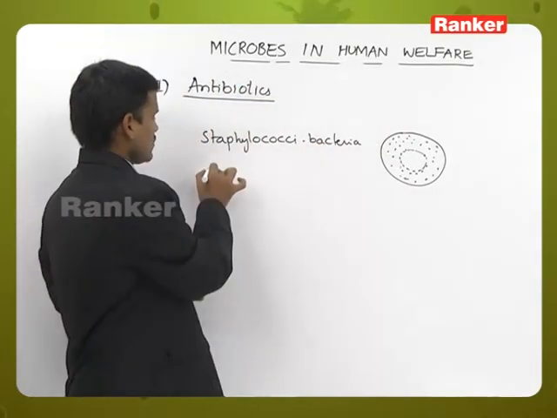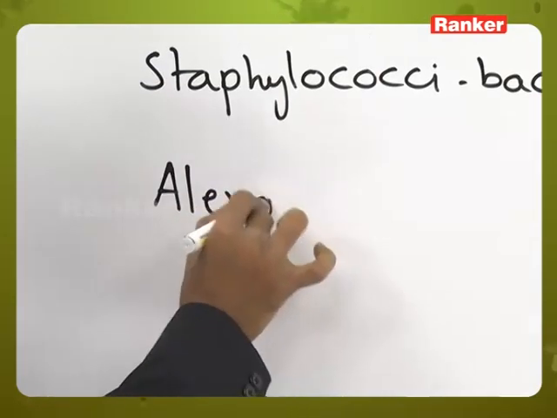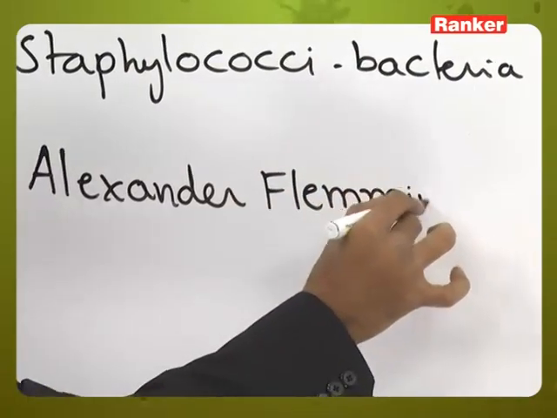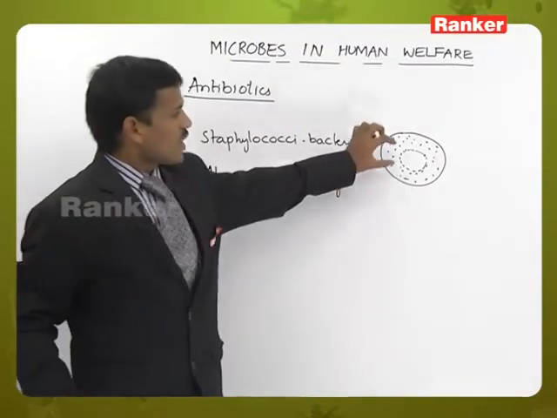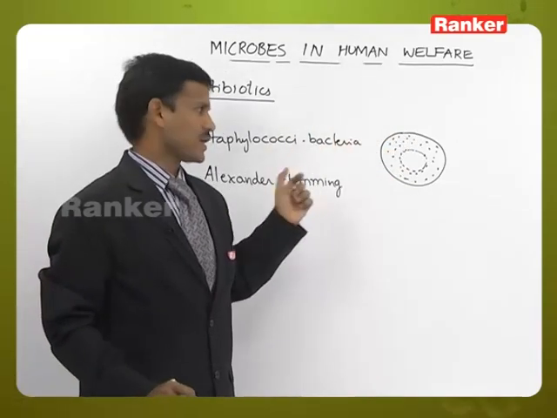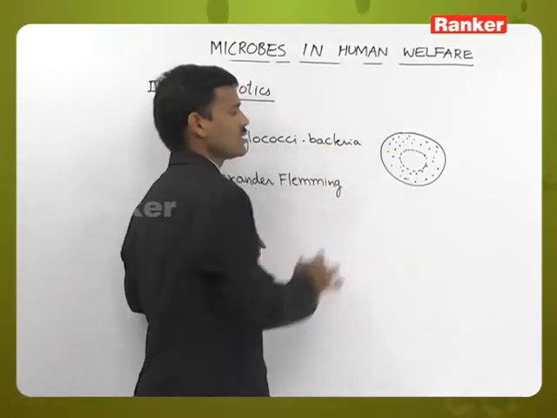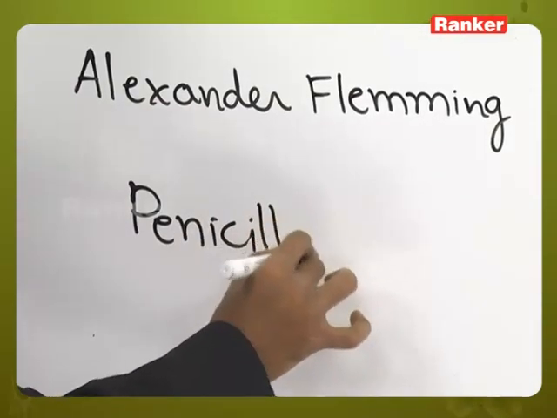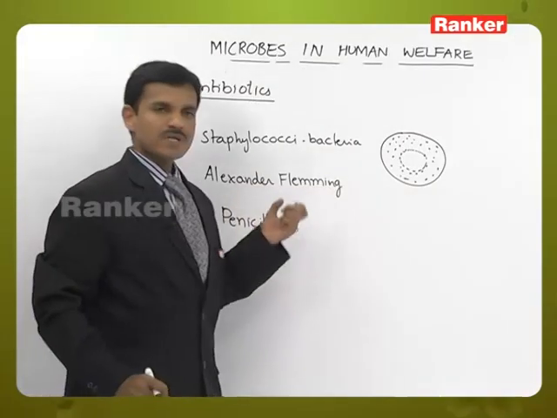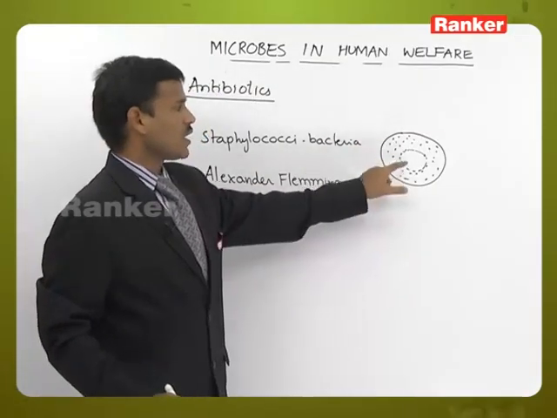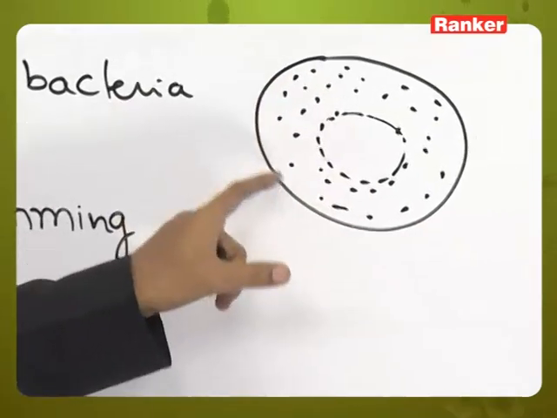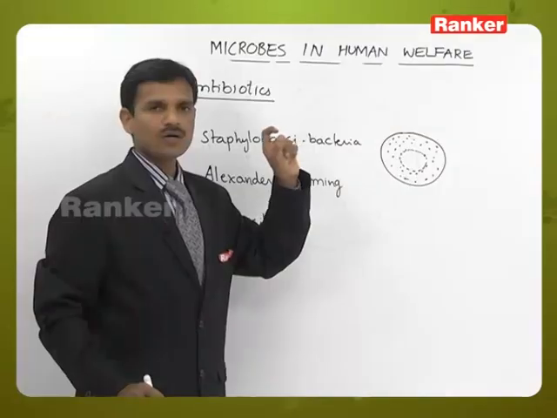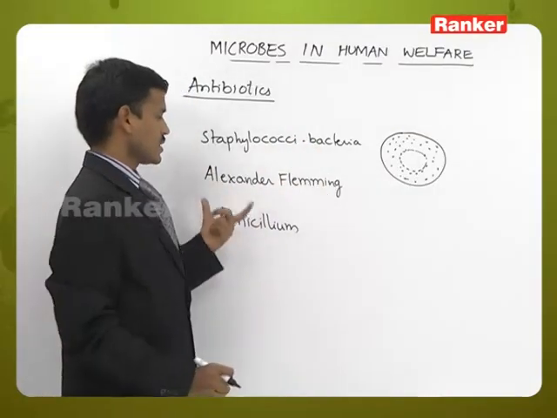Alexander Fleming observed some fungal member growing in the unwashed petri dish. This fungal member was later identified as Penicillium. Penicillium is a fungal member growing in the unwashed petri dish. All the bacteria are growing except in one area. In this area no bacteria are growing. Why? Because the Penicillium is there.